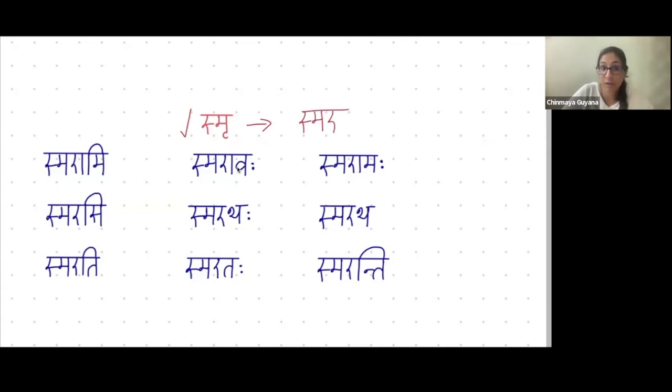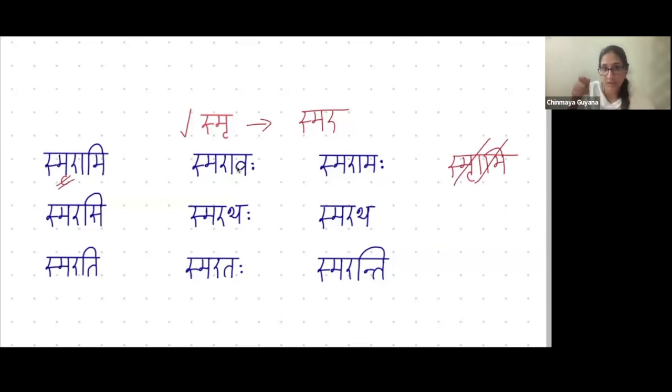So you use smara and you add ami, avaha, amaha, asi, tha, thaha, anti. You do not write smrit rami. You do not write smr ami. These are wrong.